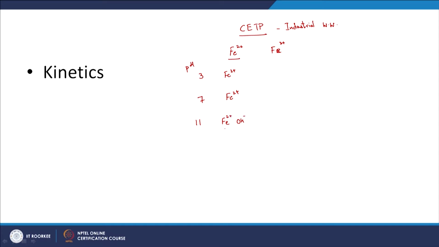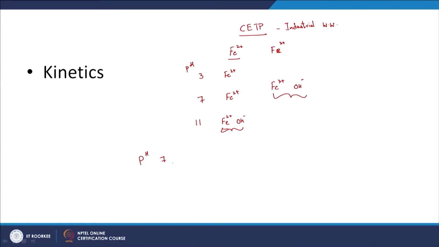But for Fe3+, at almost all the pHs it forms Fe3+ and OH- complexes. That is something we understood when we plugged in the relevant values in Visual MINTEQ a couple of sessions ago. So here again we are going to use the same principle.